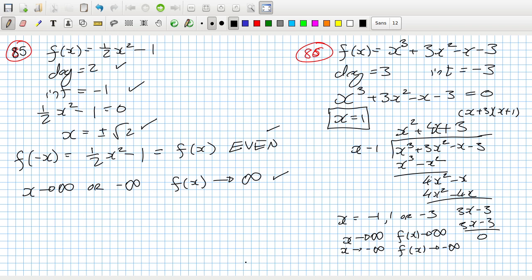It's going to be neither, because f of minus x is minus x cubed plus 3x squared plus x minus 3. So it's neither plus or minus f of x.